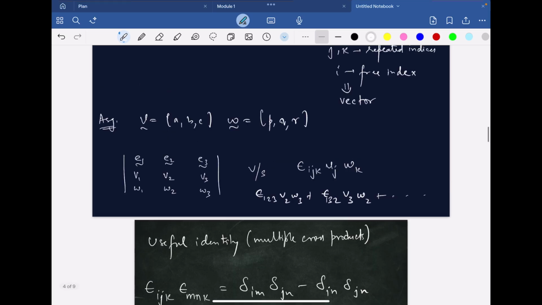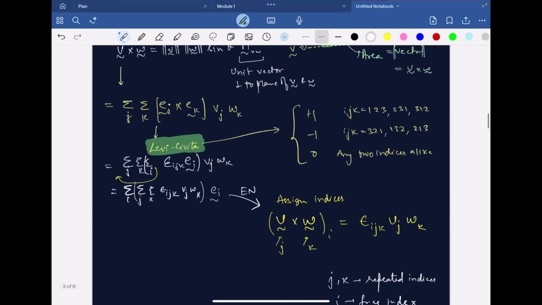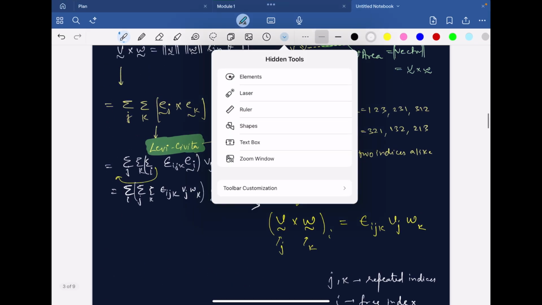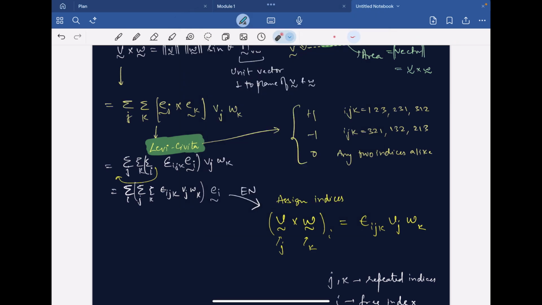Then you have to account for the fact that this Levi-Civita tensor, whenever you have 1 2 3, it has to be positive, but whenever you have one change, let's say you swap 3 and 1, whenever you have 3 2 1 or 1 3 2 or 2 1 3, one change is -1. If you have two changes, it again becomes +1. For example, 2 3 1 and 3 1 2 require two changes from this, right?